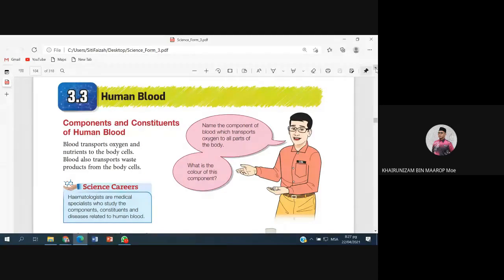So blood is also involved in immune system against disease because the white blood and red blood cell is combined, okay, and we call blood. All right.